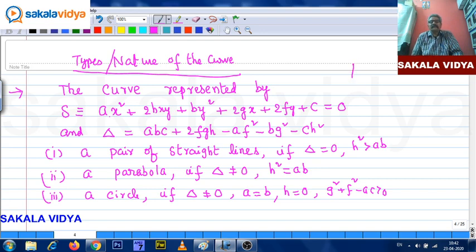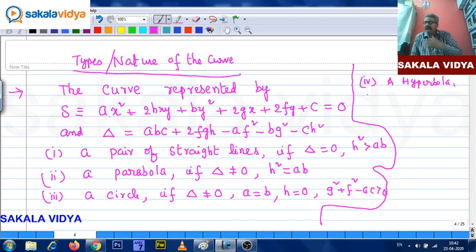So, next, now the fourth point. What is the fourth point? A hyperbola. Sorry, first let us have a discussion on ellipse, after that we go for hyperbola.